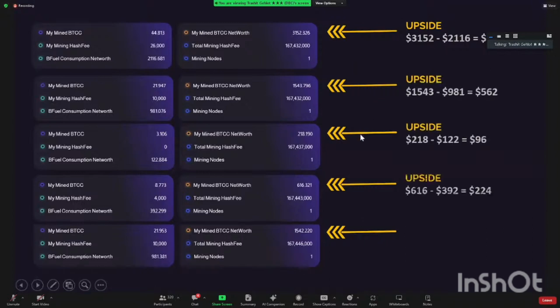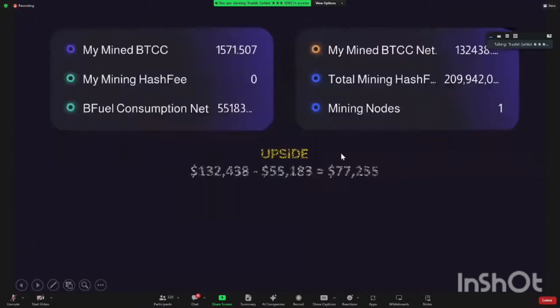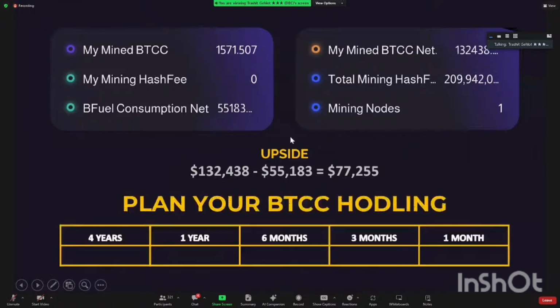These are all examples where people have made money. See this. Somebody had an upside of $77,000. This is real proof that we are sharing with you all. So what you can do is you can plan your BTCC holding, maybe for 4 years until the first halving, first year, 6 months, 3 months, 1 month.